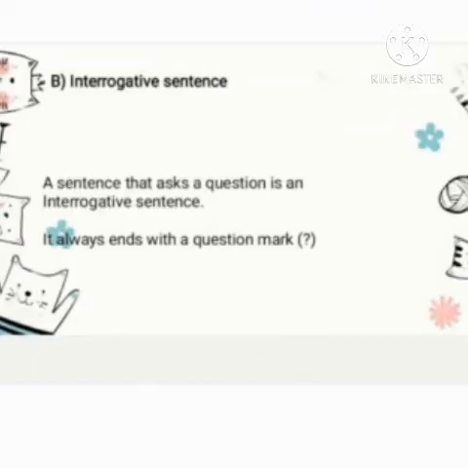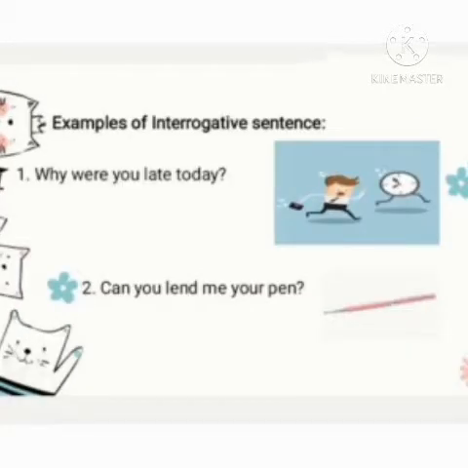A sentence that asks a question is an interrogative sentence. It always ends with a question mark. For example, why were you late today? Can you lend me your pen?